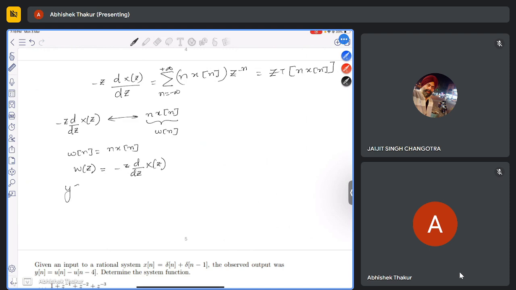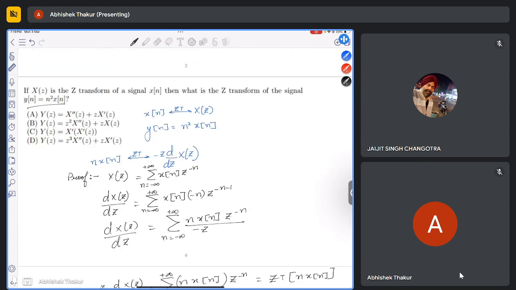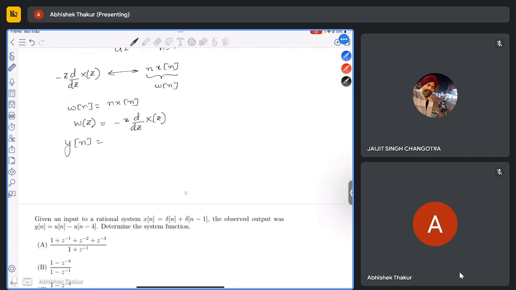Now our y[n] in this question is given as n squared x[n]. So this term will become n w[n]. Now when there is n w[n], what will be the z transform of this? n w[n] will have z transform as minus z d/dz W(z).